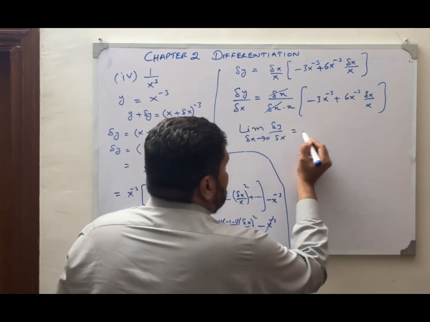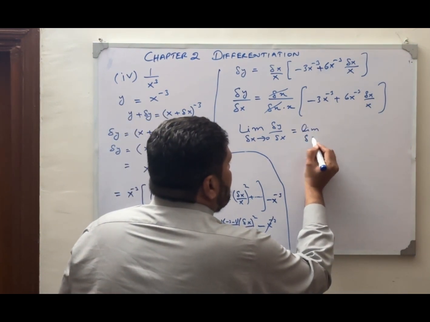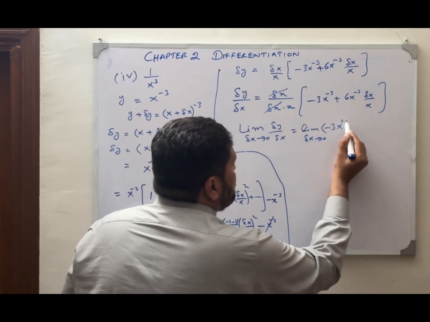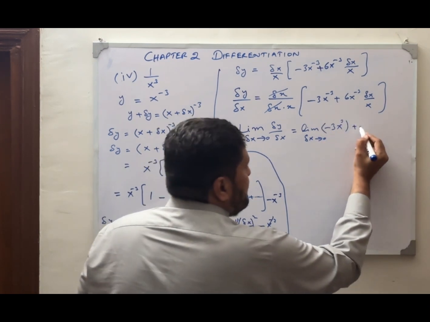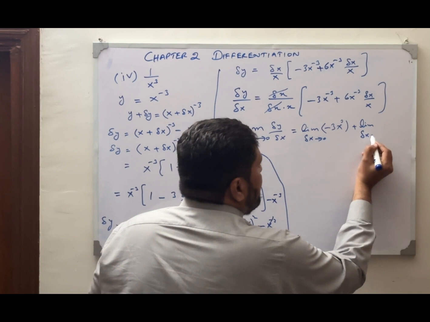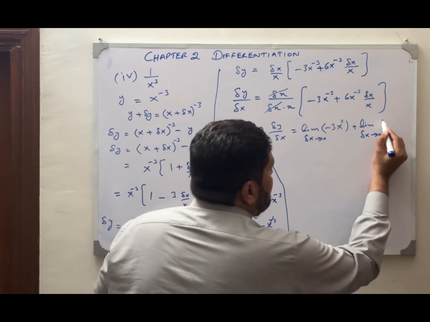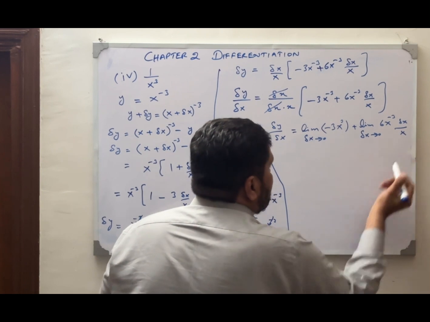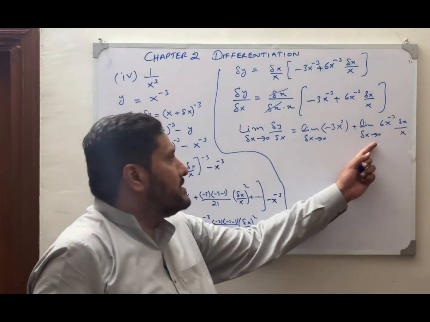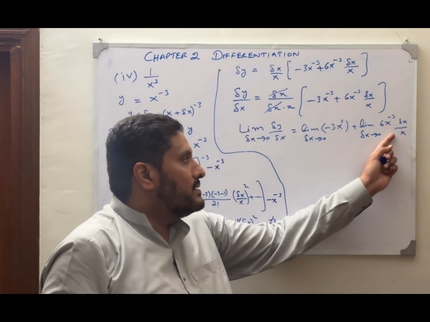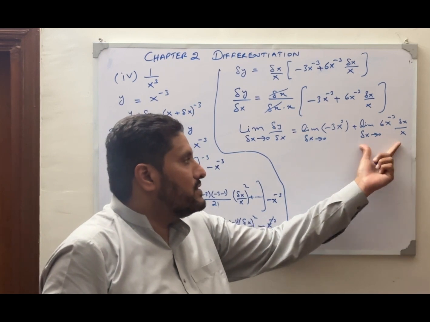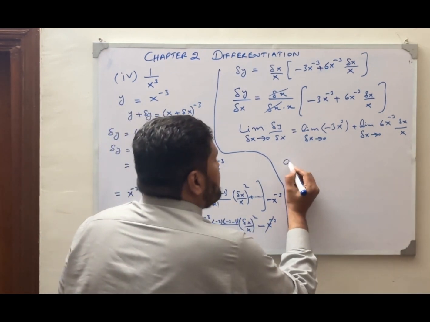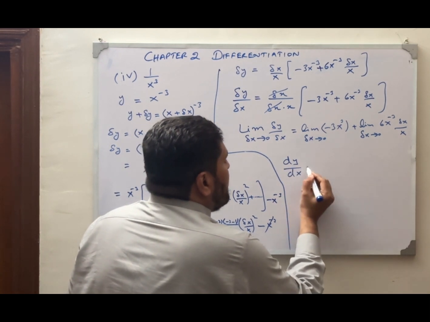So this is equivalent to limit delta x approaches 0 of minus 3x cube plus limit delta x approaches 0 of 6x power minus 3 delta x by x. So this term will become 0 as delta x approaches 0. This whole term becomes 0. So our result is equal to dy by dx.